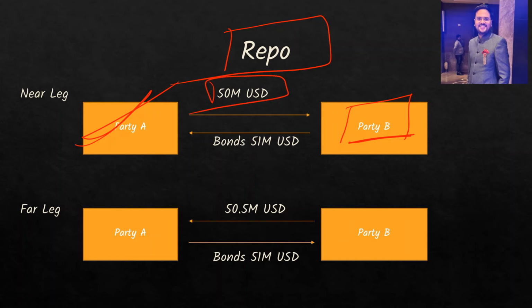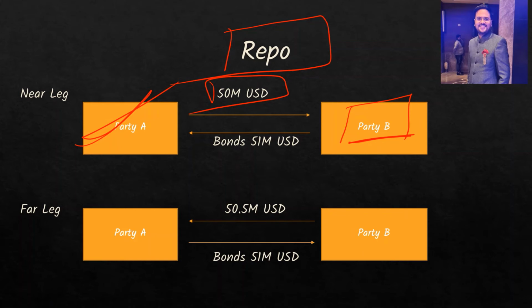Mr. A has money, but he is not sure if you'll be able to pay or not. He asks, what do you give me in return? He says, I will give you 500K for 3 days. That's a good amount. But he's still not sure. The amount involved is 50 million.